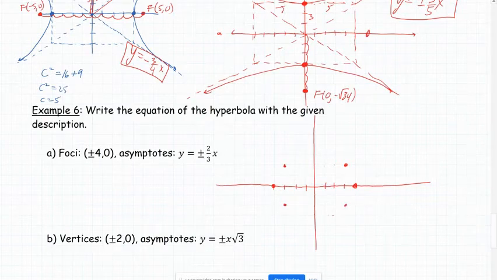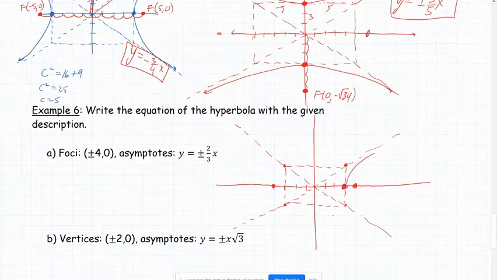And so that means our box would look like this, with asymptotes going through like this and like this. And the vertex would have to be here to wrap around its focal point, and here to wrap around that focal point.